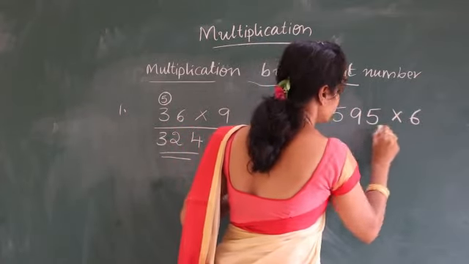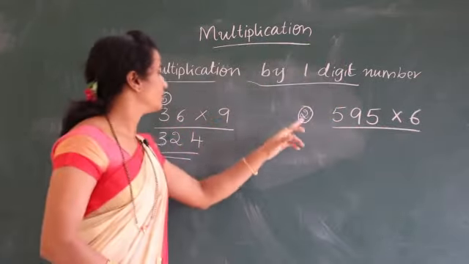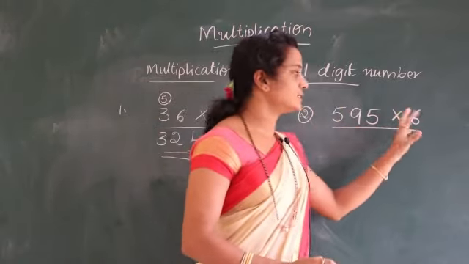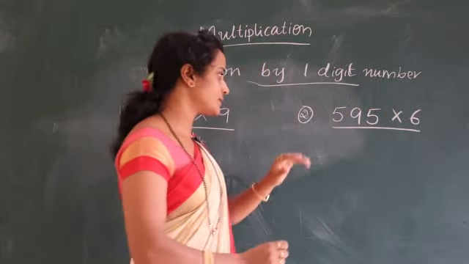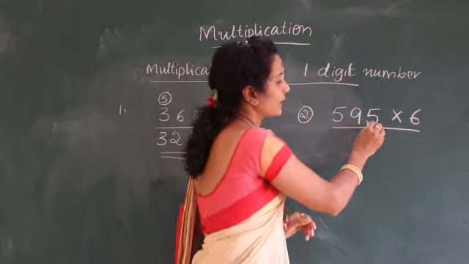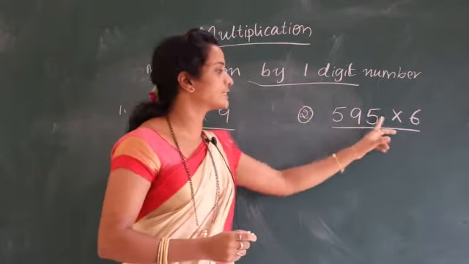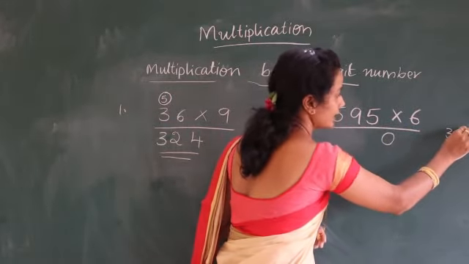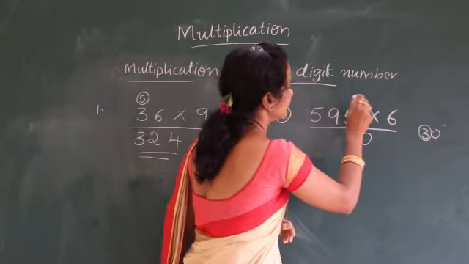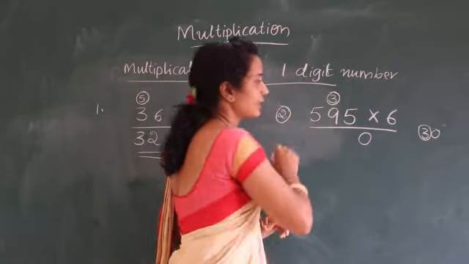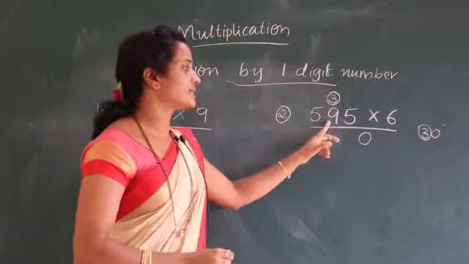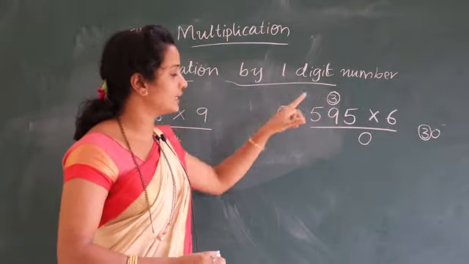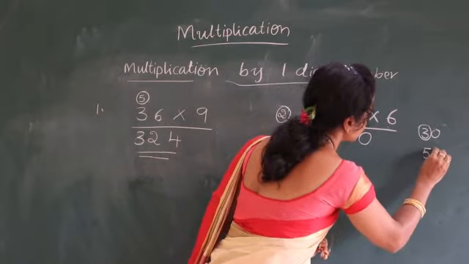Now next, solve one more sum, that is 3 digit by a 1 digit number. Here it is 2 digit by 1 digit, here it is 3 digit by 1 digit. Methods are the same. First multiply 6 by 5. 6 5s are 30. Out of 30, I will write 0 here and 3 will be carried to the next place. 6 9s are 54. 54 plus this 3 gives you 57.